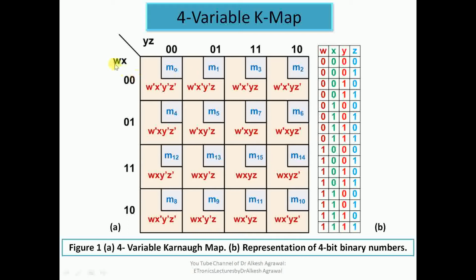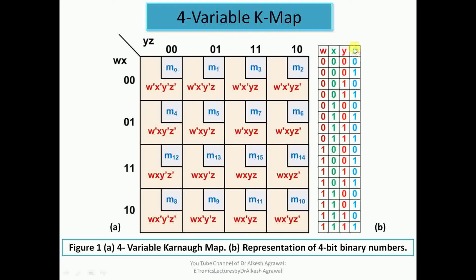Here I have taken four variables as w, x, y, z, and in this table all the values in terms of combinations are depicted. Again we have to understand the nature of each and every variable.